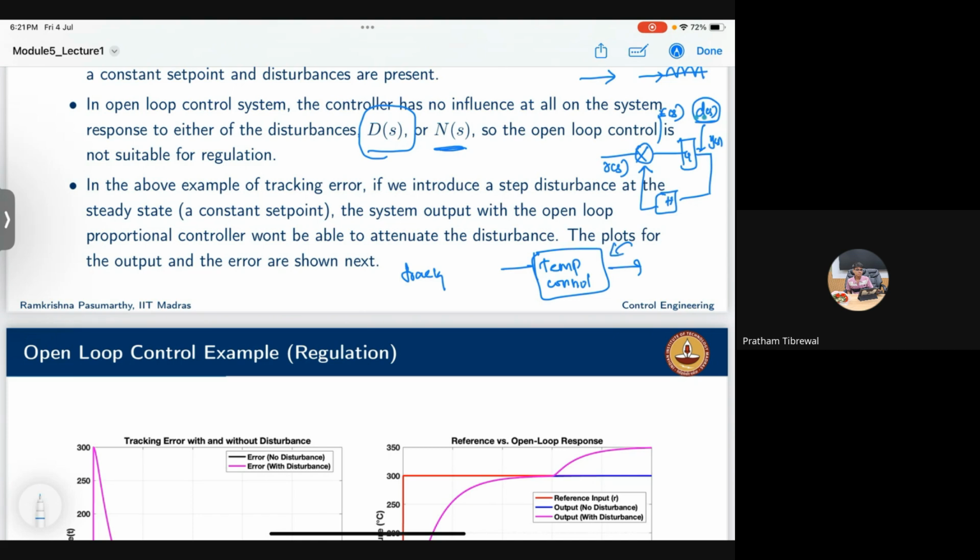Even though I am giving some disturbances, like keeping ice inside the room or blowing hot air inside the room, any changes or any external disturbance I am giving, the system, or the AC, let's consider a temperature control system, should behave properly according to the nature of that room, right?